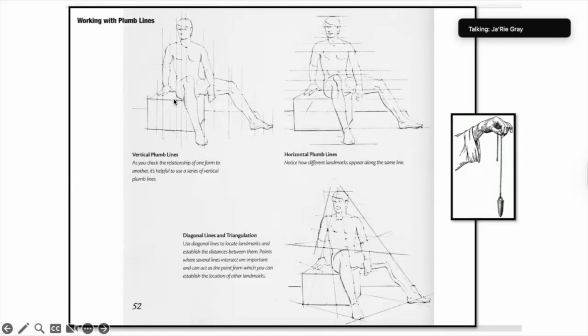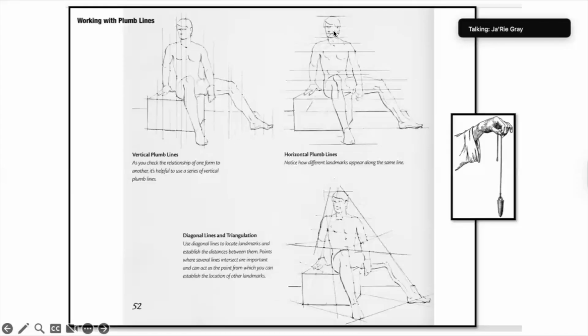And then it also connects to some areas on the cube that this figure is sitting on. This is very important because plumb lines help you with measuring vertically, but you can also start to move across just to make sure things are in the right spot in relationship to each other.